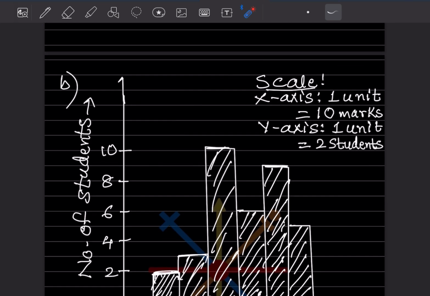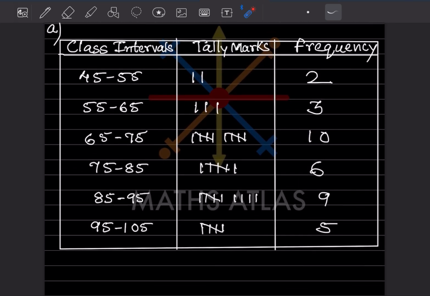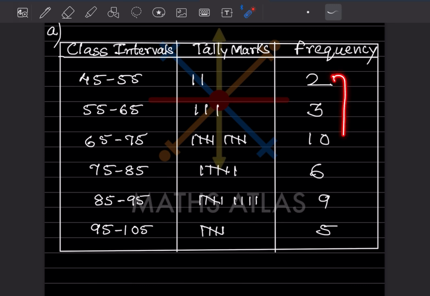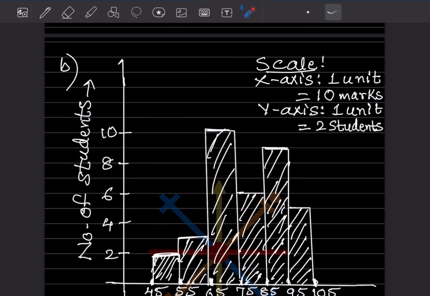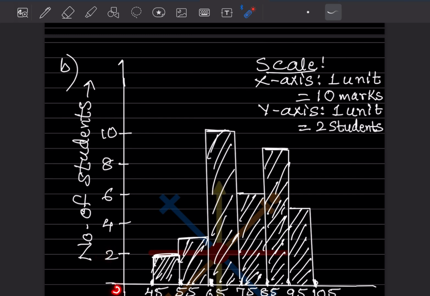Now the first range is in between 2 to 10, so first we take this as 0, then 0 to 2, up till 10.